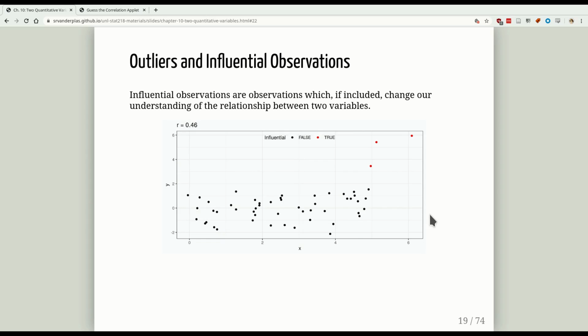Now, just another example of this phenomenon is that if we have some points that are out at the end of x and have exceptional y values, we can actually find ourselves with something that looks like a linear relationship that's mostly just due to the outliers. So as soon as the outliers are added, the correlation coefficient jumps quite a bit, almost doubles, and before that, there was no relationship between x and y.